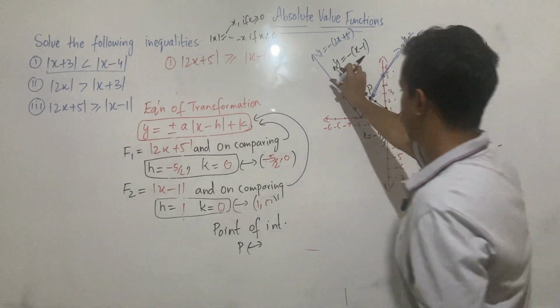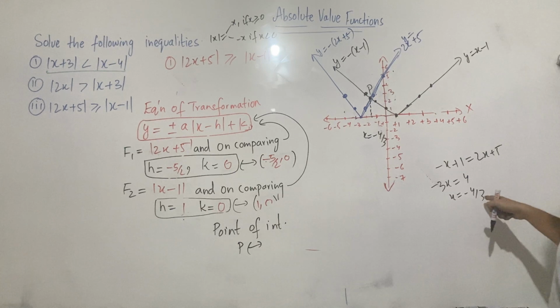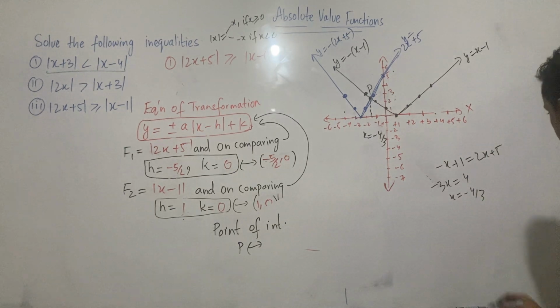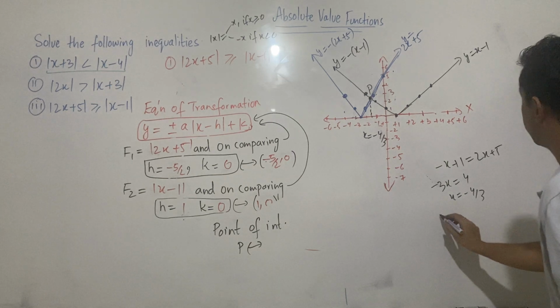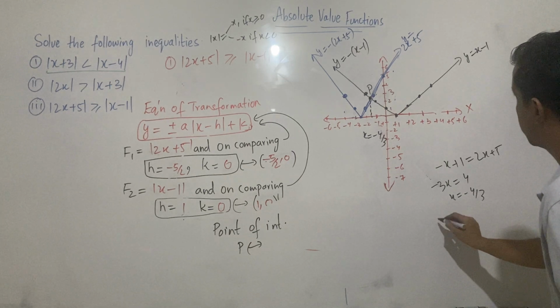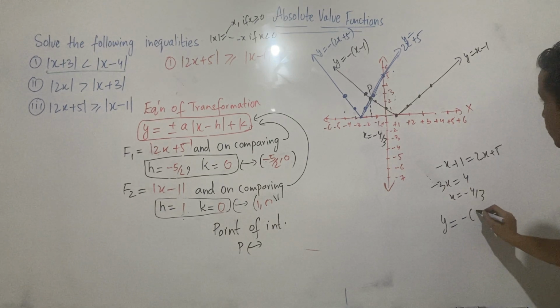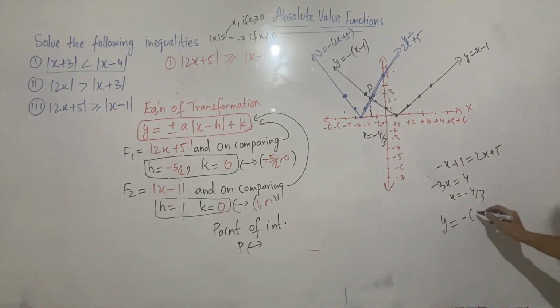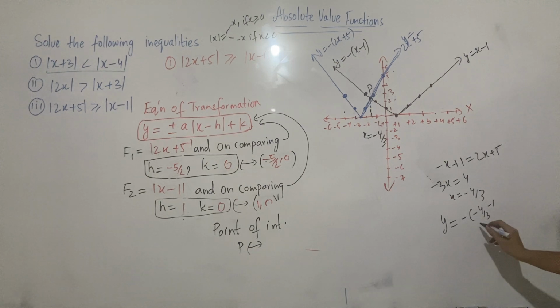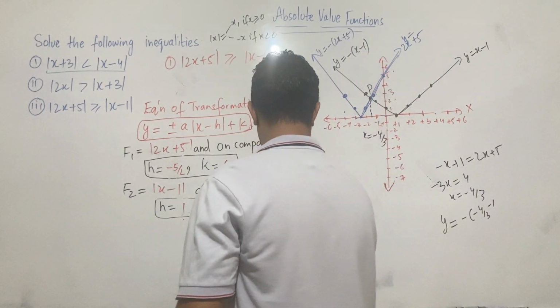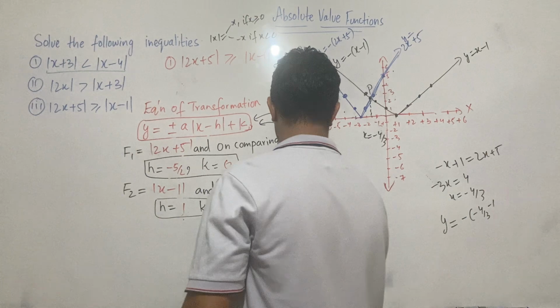Now what's going to be the value of y? y equals minus of x minus 1. So x is minus 4 by 3 minus 1, that is 7 by 3. So P is minus 4 by 3, 7 by 3.